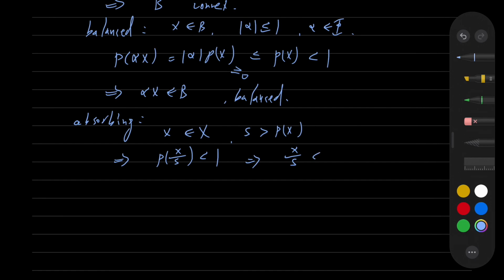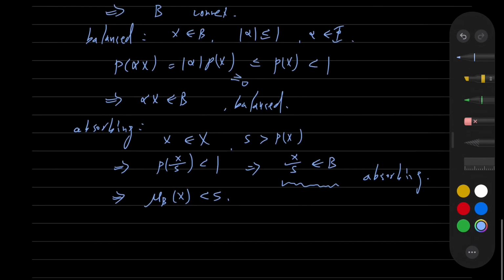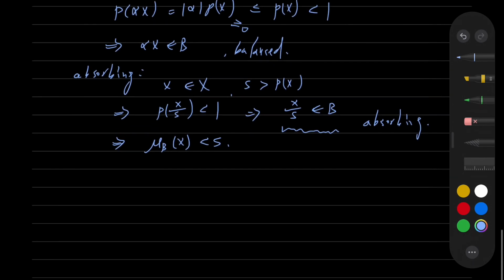This implies that x over s is inside B. Then by the definition of the Minkowski functional, mu B of x is smaller than s. And by the way, this part here proves that it is absorbing. So we proved a third property of the set B.